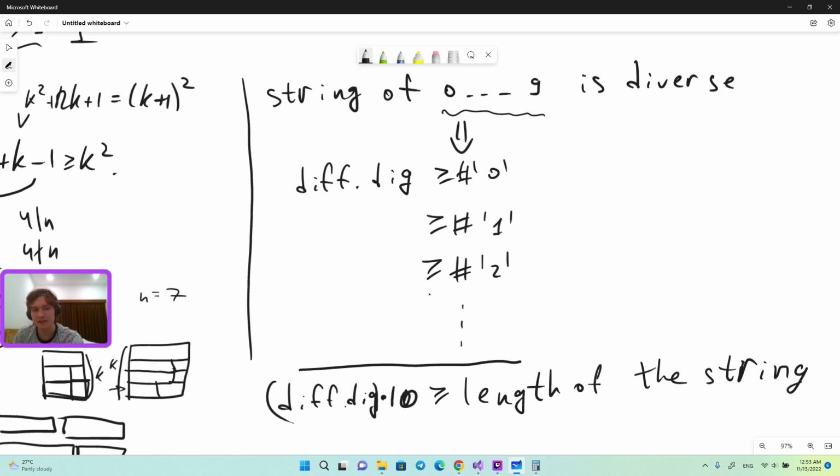And notice that this number of different digits is at most 10, because we cannot have more than all the different digits, and the number of these digits is 10. So actually this is no more than 10 times 10, that is 100. So the length of the string is at most 100.